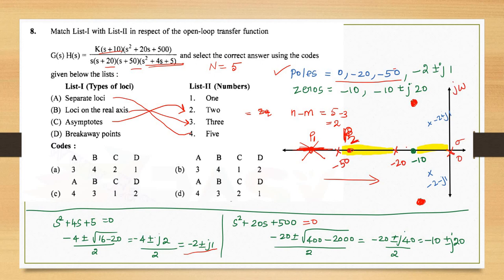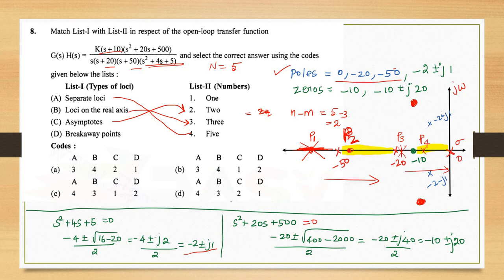And next I am going to consider this point also, there are 4. Here I have to consider this point P3. From P3 to this, how many poles and zeros are available? There are 4, again even. So there is no root locus here. And next I am going to consider the last point P4.